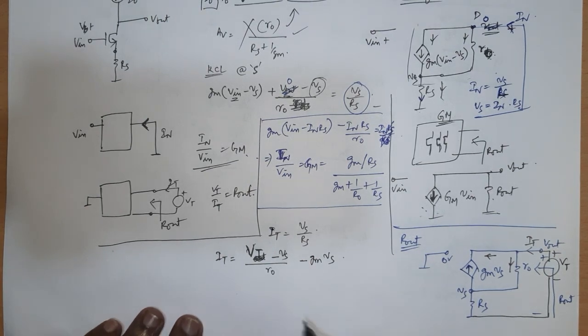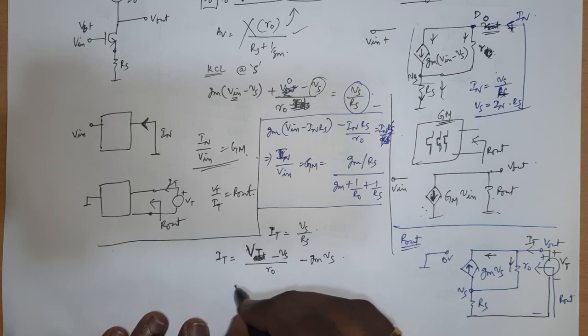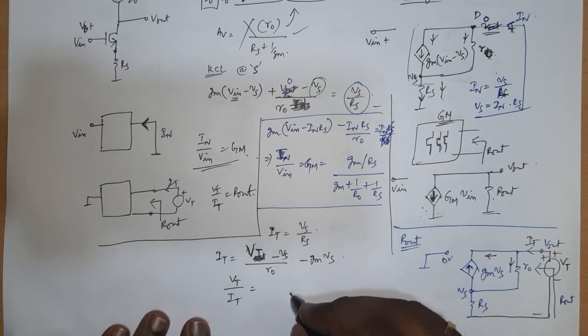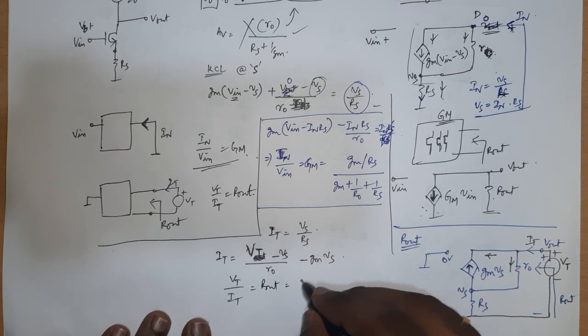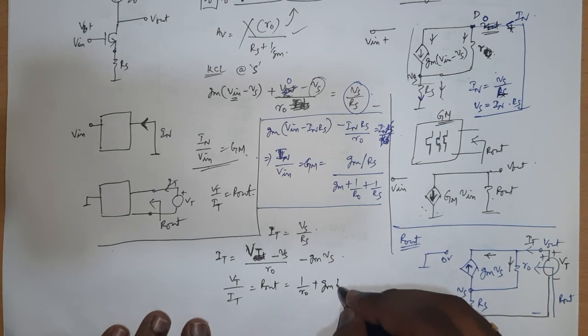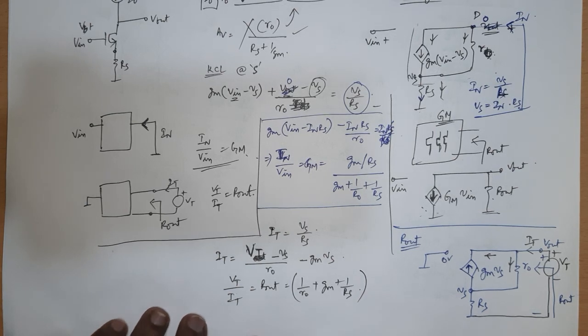Okay, so you substitute the Gm accordingly here, then you will get V test by I test as R out, which is equal to 1 over R0 plus Gm plus 1 over Rs.